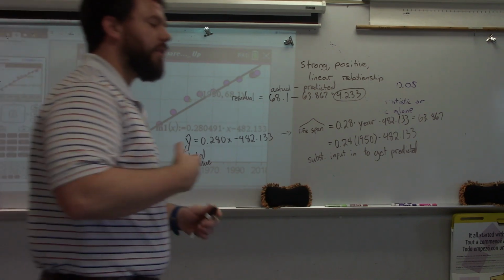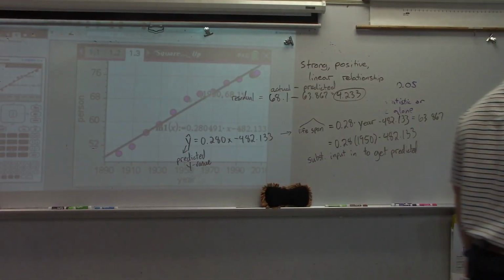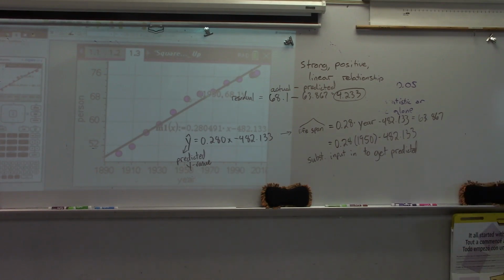582. Hey guys, I want you to look at your lines again, because I'm pretty sure no one's predicted for 1950 should be below 62 to 64. Just glancing at it, if you look at the y axis, it should be 62 to 64. So check to make sure that you plugged everything in correctly.